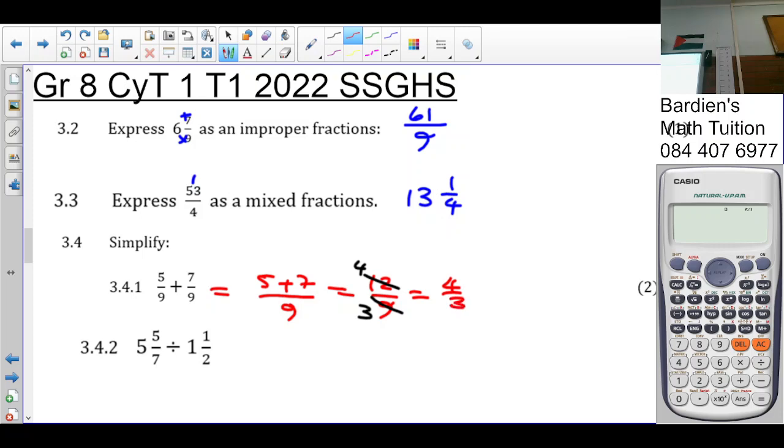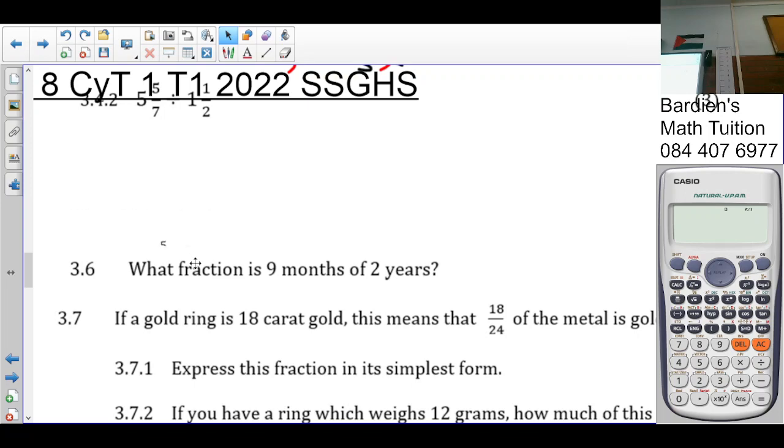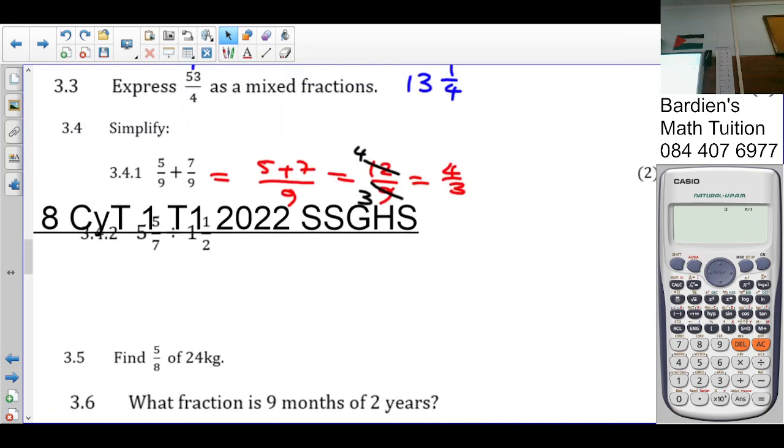The same answer. The next one, we need to first convert your mixed numbers into improper fractions. Whenever we're multiplying and dividing, that's the first thing we need to do.